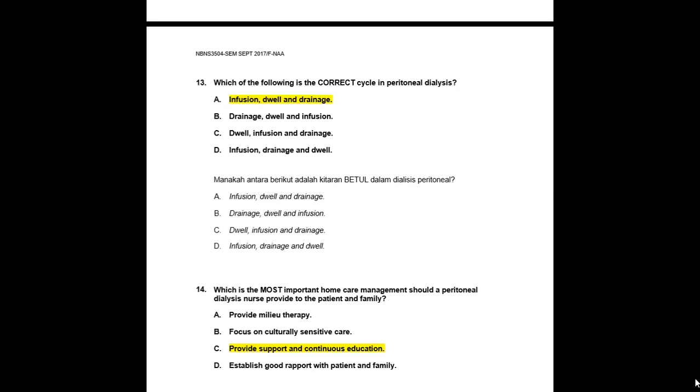You first insert the dialysate into the peritoneal cavity, then keep it 3 to 4 hours, a few hours, and then you take that drainage or fluid back. The correct cycle is infusion, dwell and drainage. Dwell means you keep it for some time. So answer is A. Infusion, dwell and drainage.